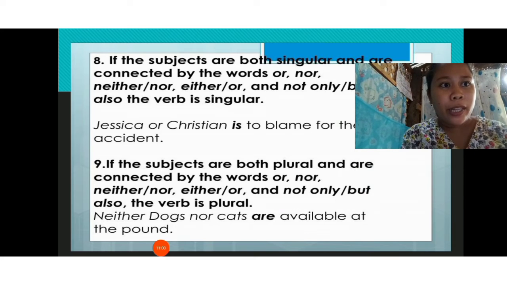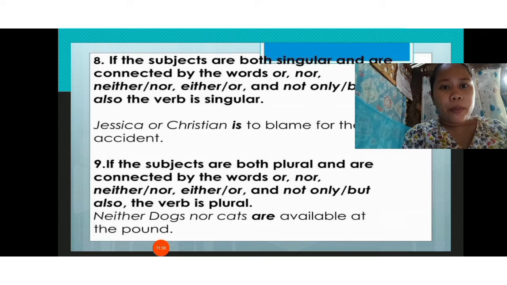And for the ninth rule, if the subjects are both plural and are connected by the words or, nor, neither, nor, either, or, and not only but also, the verb is plural. So for this rule, if number 8 is we are going to use singular form of the verb if both subjects are singular, then for number 9, if two subjects are both plural, we are going to use plural form of the verb also.